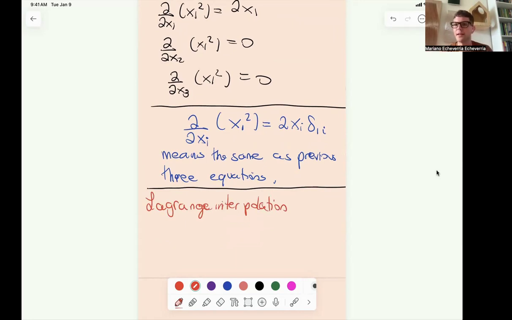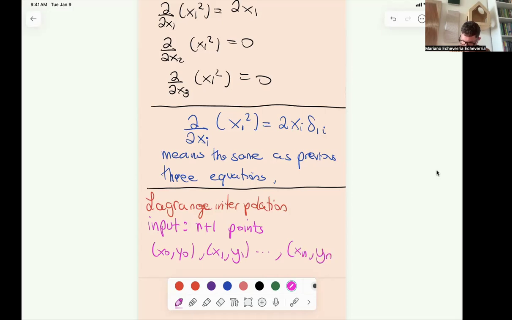So let me write down the input. I'll write it more like an algorithm, so this would be the input and the output. The input is going to be n plus 1 points, which are called x0, y0, x1, y1, up to xn, yn.